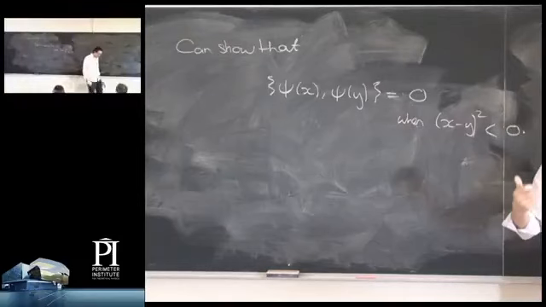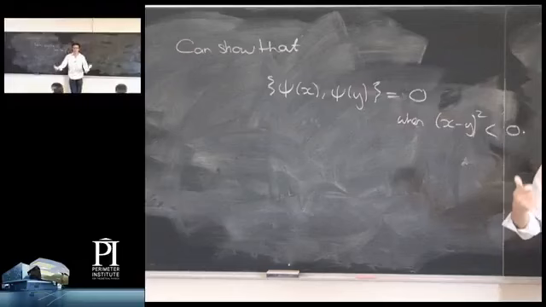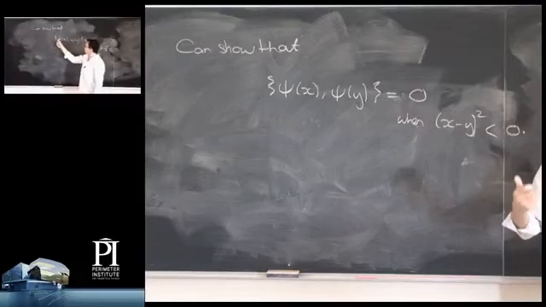Now, when you say that there's no causal propagation, it's really a statement that operators commute at space-like distances. And here we find two operators that don't commute at space-like distances. They anti-commute. There are words you can say around this to make yourself comfortable: we never actually measure psi directly.